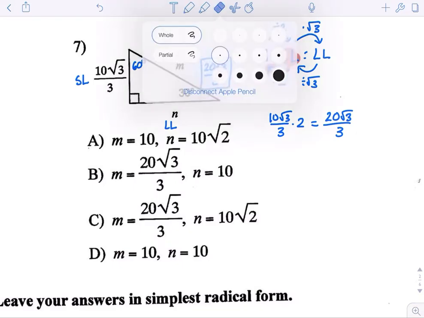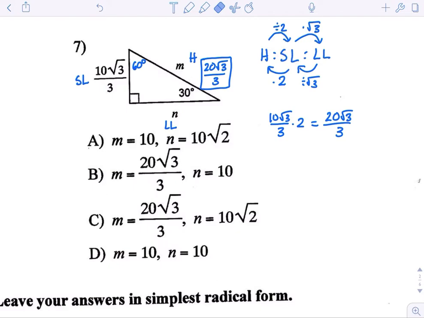And let's go back to the diagram. Okay, so we have short leg. Now we want to go to the long leg. So we gotta go this route, right? That means we have to multiply 10 root 3 over 3 times rad 3. So 10 root 3, because this is short leg, right? Times square root of 3 will give us our long leg.